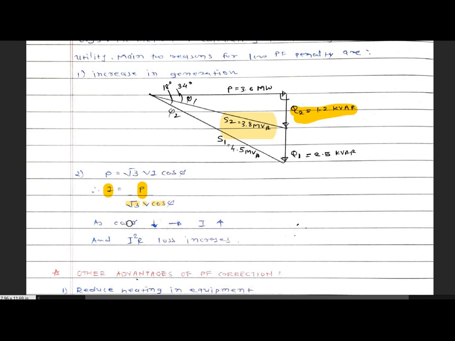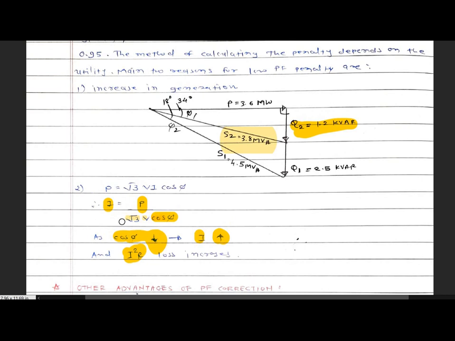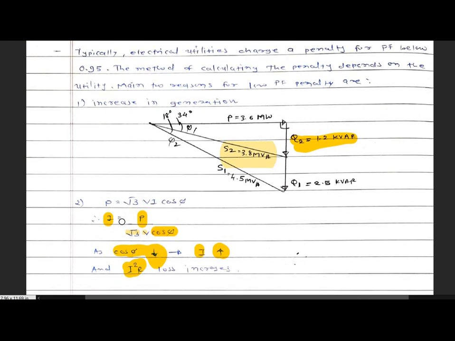So as cos phi decreases, as the power factor decreases, the value of current will increase, and due to this increase of the current value, the I square R loss increases. So these are the two basic reasons for the power factor penalty.